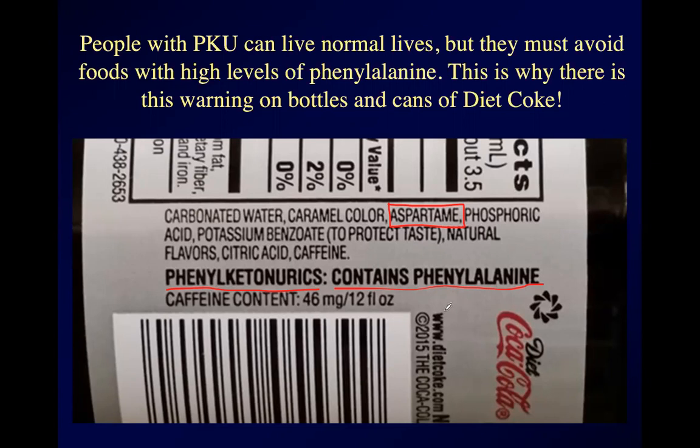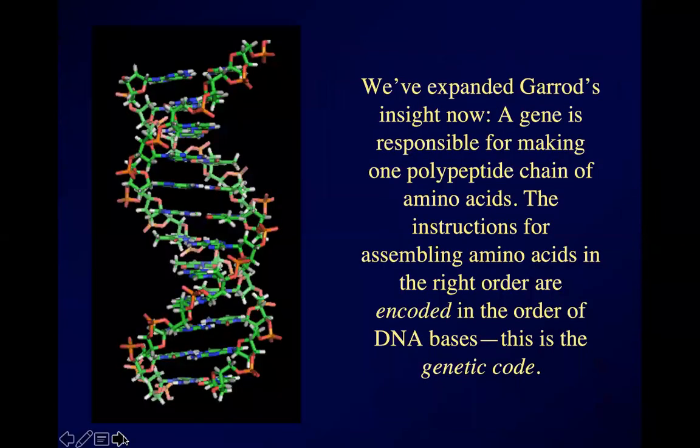But if you have two copies of alleles for defective phenylalanine hydroxylase enzymes, your body will not be able to break down phenylalanine and you'll have PKU. And you will have to live on a very carefully controlled diet, at least until you're an adult. After adulthood, the effects are not nearly as bad. So that's Garrod's insight. Now, a gene is responsible for making one polypeptide chain of amino acids.